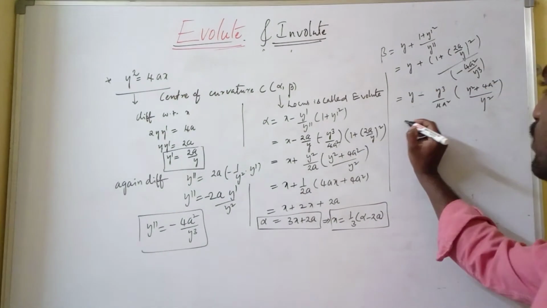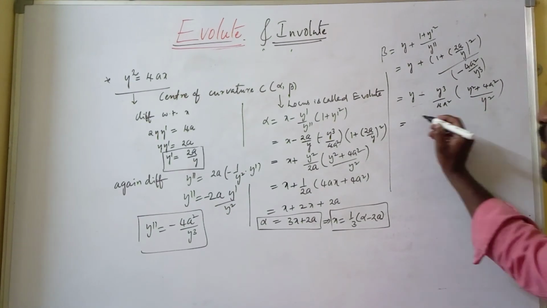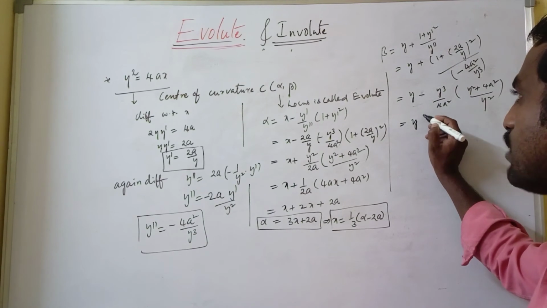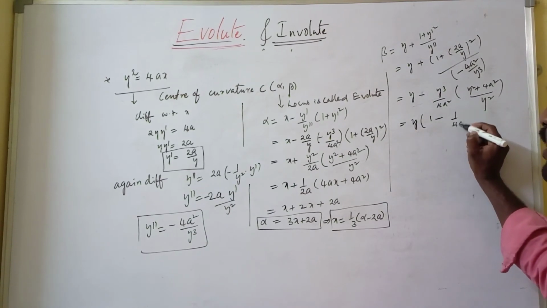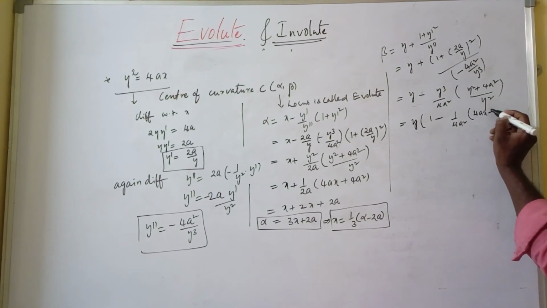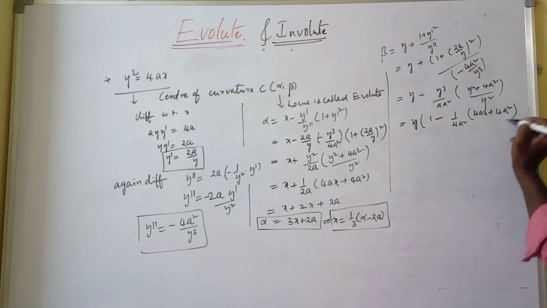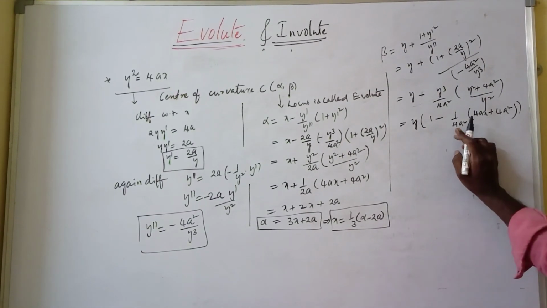Finally, y power 3 and denominator y power 2, the square and power 3 will be cancelled. So in this equation we can take y as common term: y into (1 minus 1 by 4a square, next y square means 4ax plus 4a square).